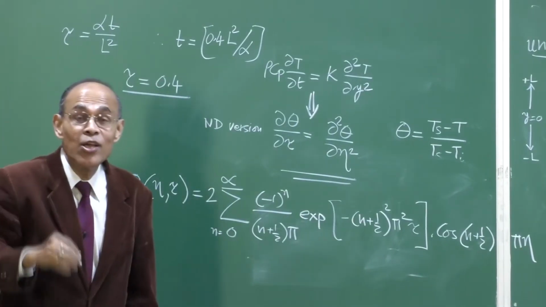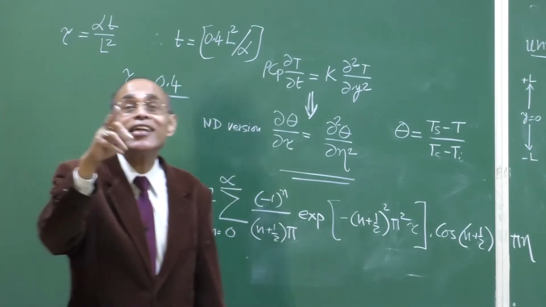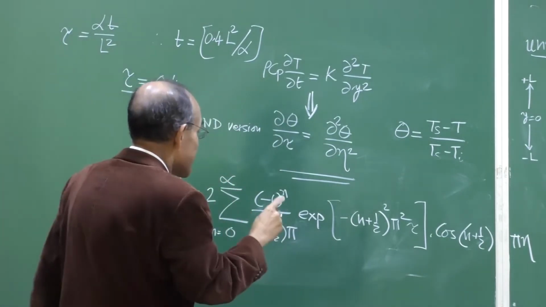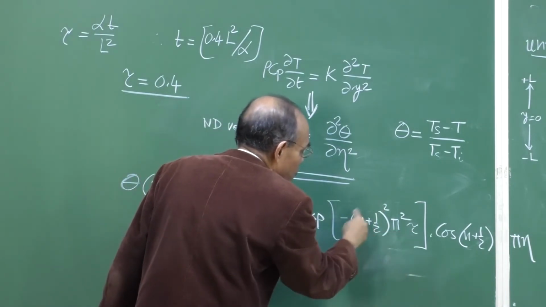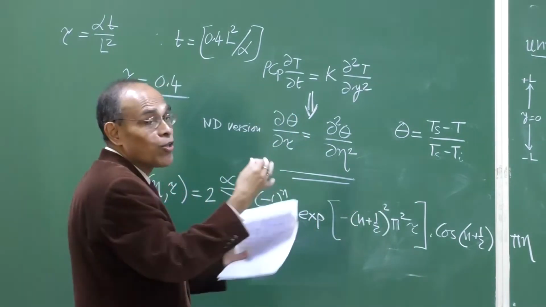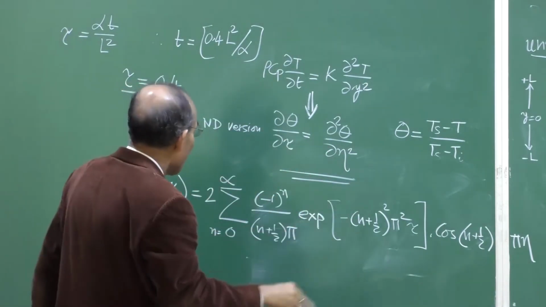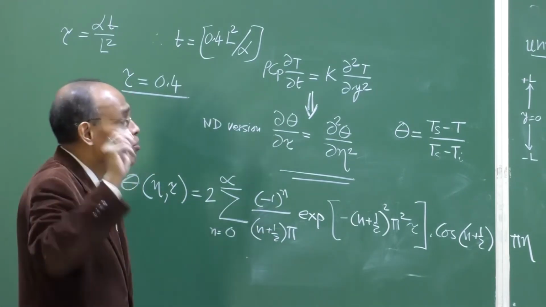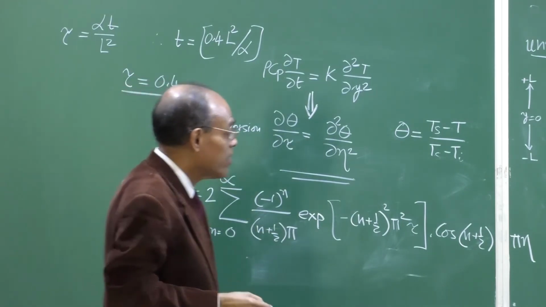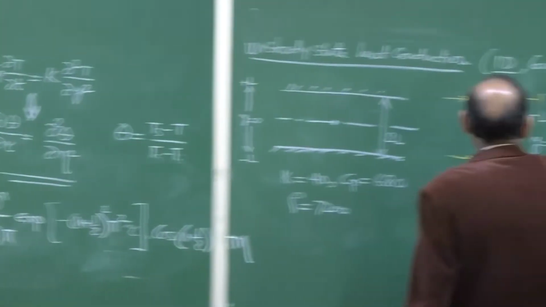Why am I giving this? You must remember that when non-dimensional time is going to be greater than 0.2, you will see that this term will have almost 0 value, and therefore, the contribution from the second term or the third term will not come into the picture, because there is an infinite series. So, it is only the first term which will remain meaningful at large Fourier number.